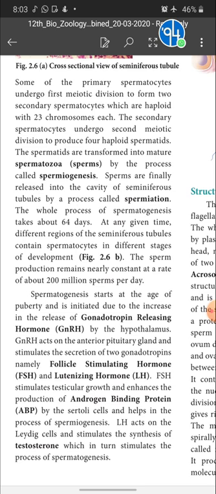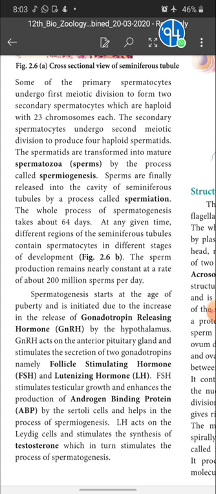Spermatogenesis starts at the age of puberty and is initiated due to the increase in the release of gonadotropin releasing hormone by the hypothalamus, that is GnRH. Gonadotropin releasing hormone acts on the anterior pituitary gland and stimulates the secretion of two gonadotropins, namely follicle stimulating hormone and luteinizing hormone.